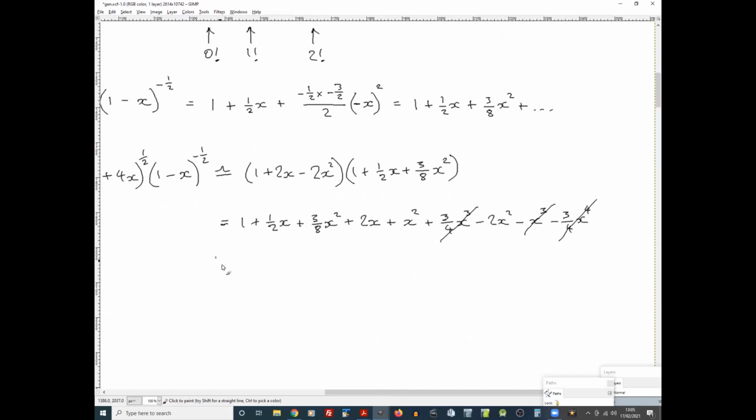Then we'd be left with 1 plus 2.5x, or 5 over 2x. Good, yeah. Plus, yeah, minus, minus 5 over 8x squared.